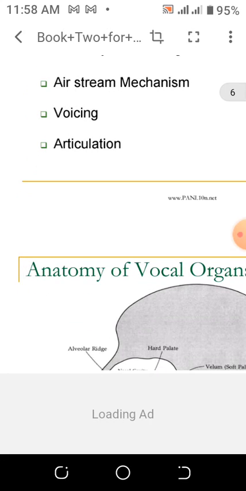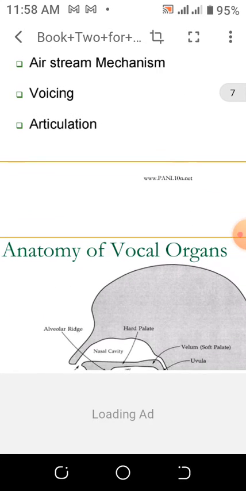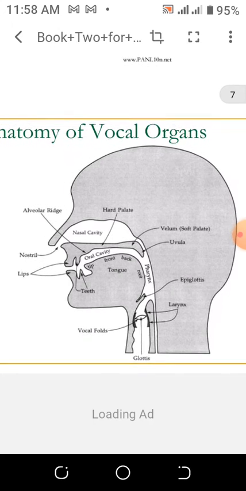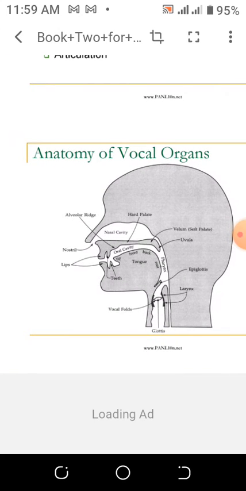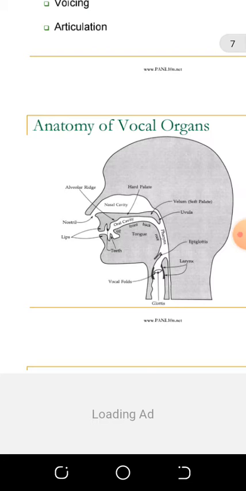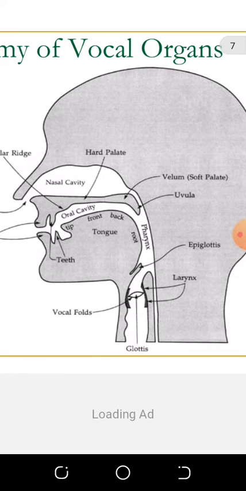Number four, articulation. This is the next important element as far as phonetics is concerned. So in the diagram below, you can see the anatomy of the vocal organs, how the words are formed and where the words are pronounced.